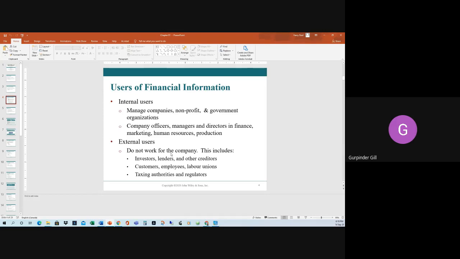That is people like your investors, lenders, banks, CRA, or your regulatory bodies, anyone who is outside of the business organization. From the internal user's perspective, we are looking at the company's officers, managers, directors, HR, production, marketing, accountants, anyone that you can think of that's employed by the business.